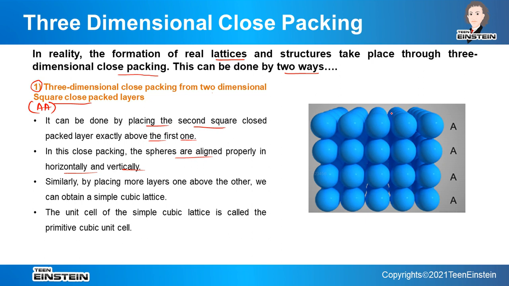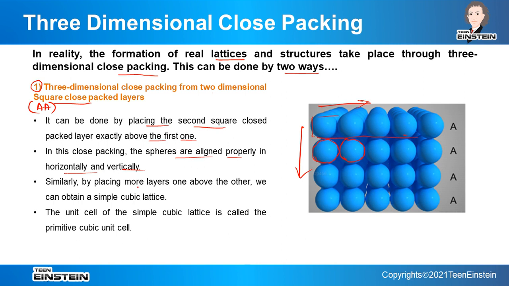Here, this is a three-dimensional arrangement, and if you consider each layer, the upper layer is placed exactly above the second layer. So in this closed packing, spheres are aligned properly horizontally and vertically. Whether you move vertically or horizontally, you will find a similar kind of arrangement.